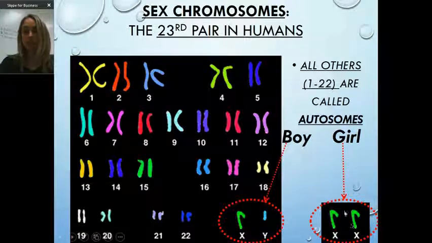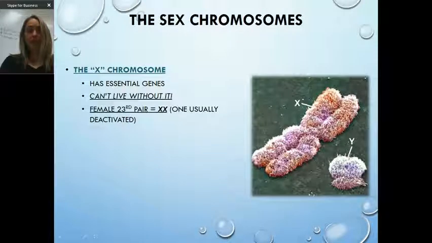If they are XX, then that is a girl. XY are the sex chromosomes for a boy. The X here is much larger than the Y. It has essential genes that have nothing to do with your sex, and you cannot live without it. There is not a living person alive today that doesn't have at least one X chromosome.